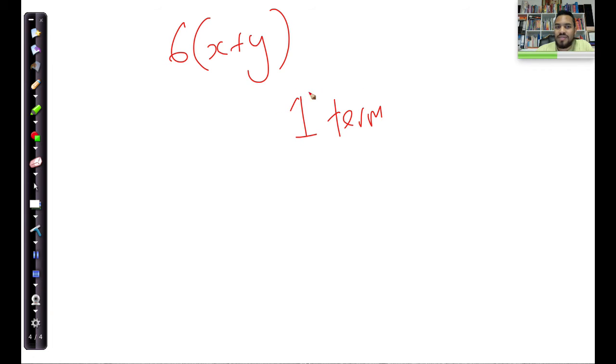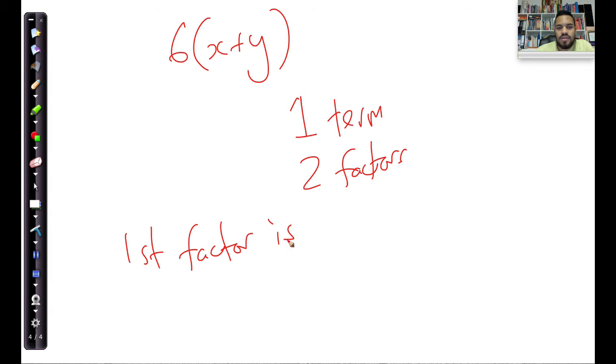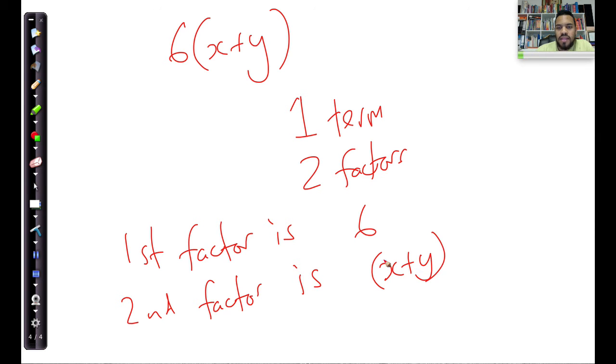There's only one term, but there are two factors, and the first factor is 6, and the second factor is x plus y. But the second factor inside the factor has got two terms. Okay, so just be careful about that. This is one factor. We treat it as one thing altogether.